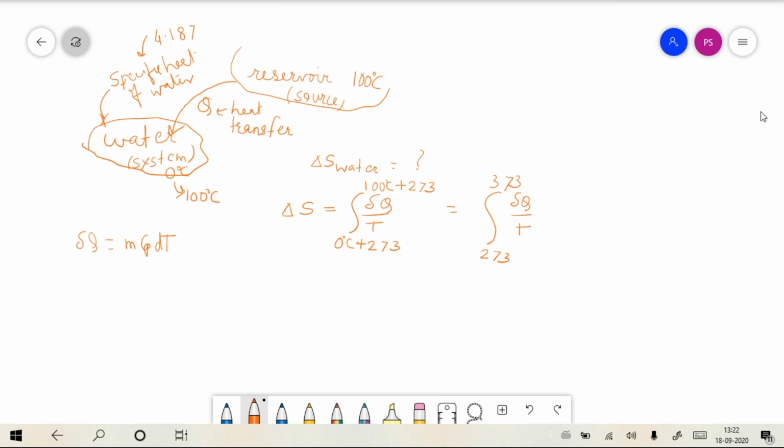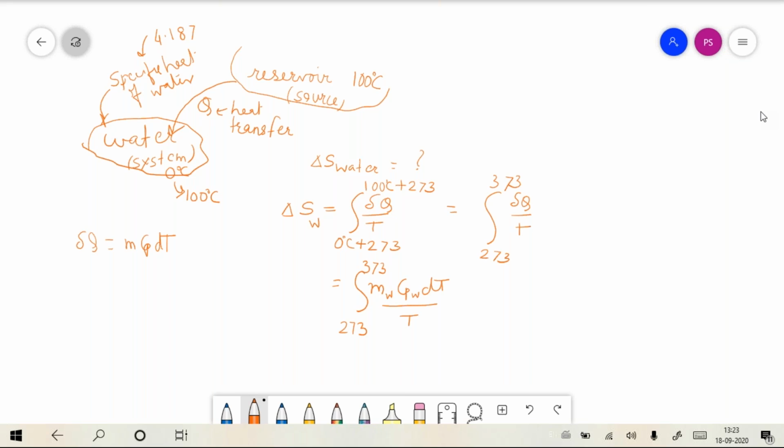For water, we need to substitute this del q, which is mass of water, specific heat of water, into dT upon T from 273 to 373.